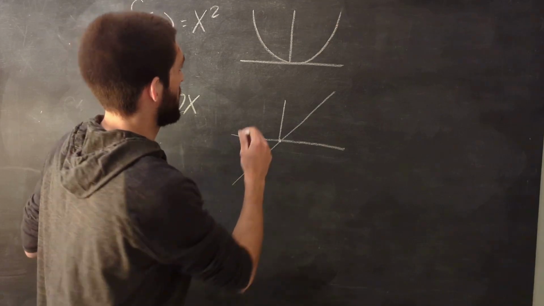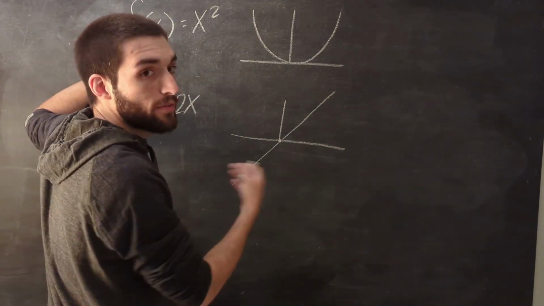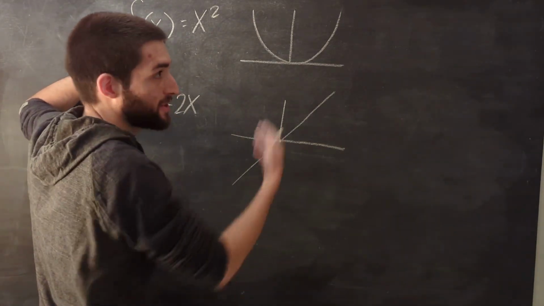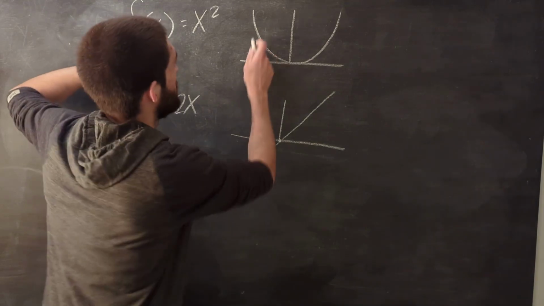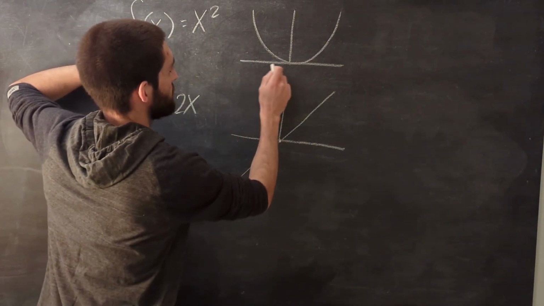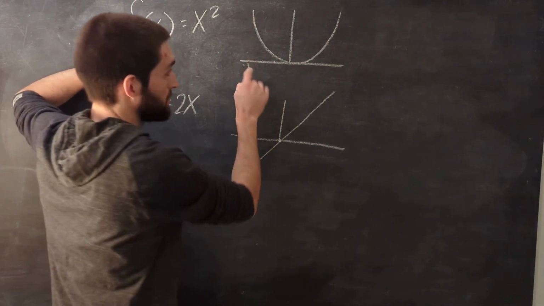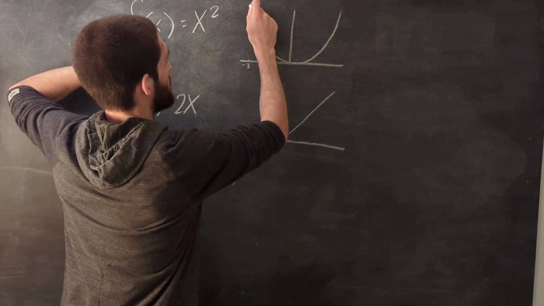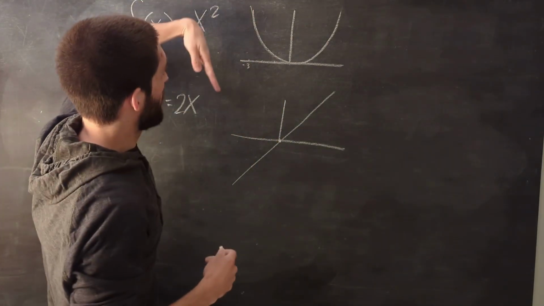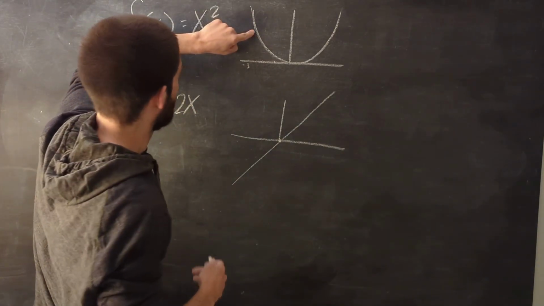So let's think about it. If we want to find the instantaneous rate of change at a certain value for x of our function, or the slope at a certain value of x, say I want to find the slope at x equals -3 here. Well, we know it's going to be a very negative number, a larger negative number, because we have a large negative slope right here.